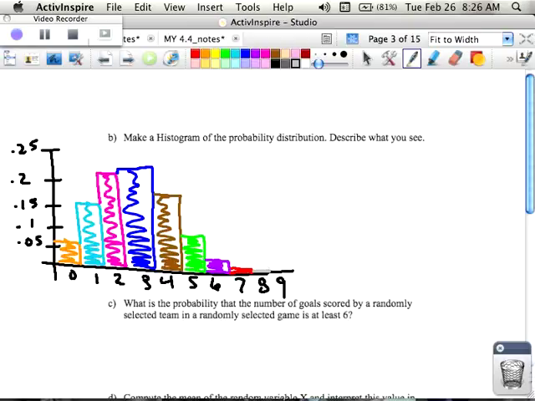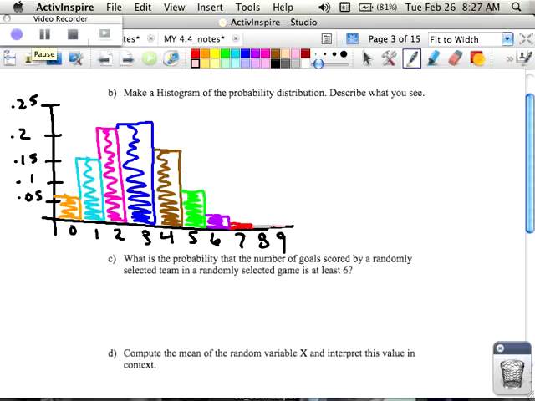Skewed. Yeah, it does look skewed, doesn't it? And then the last one, 0.001, which is kind of hard to represent. As we're describing what we see, one of the things we definitely see is this histogram is skewed right.